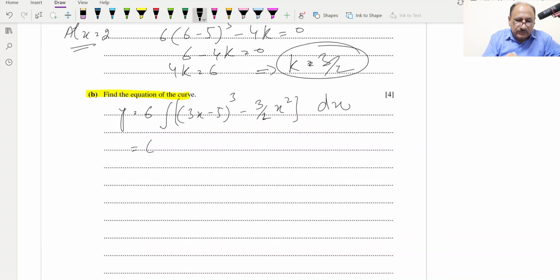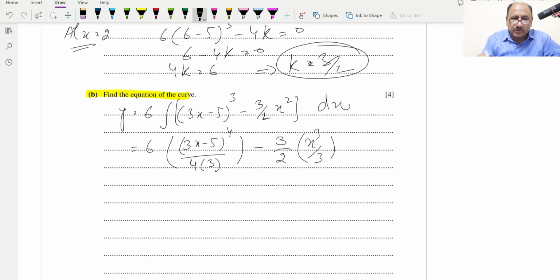So this will be 6 times the integral of 3x minus 5 whole raised to the power 4 over 4 into the derivative of this, which is 3, and we can put brackets, minus 3 by 2 and x cubed over 3, and we close the bracket, plus the integral constant c.